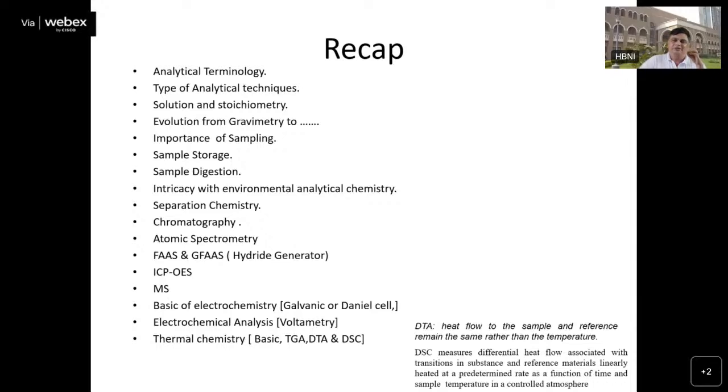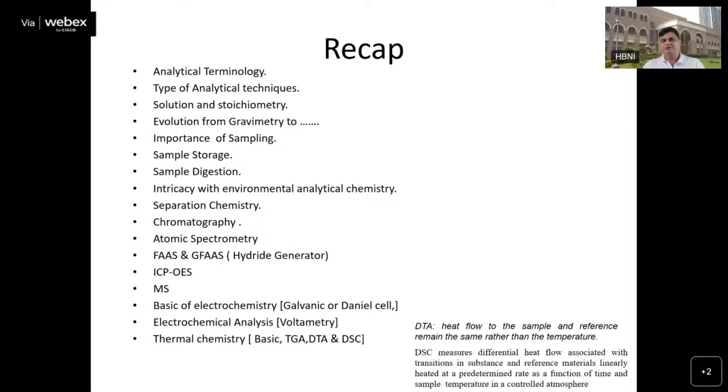And we have seen that absorption spectroscopy is based on the principle of the Lambert-Beer law. And then we have seen the constraints when doing the analysis in absorption spectroscopy, because of the non-linearity at higher concentrations.